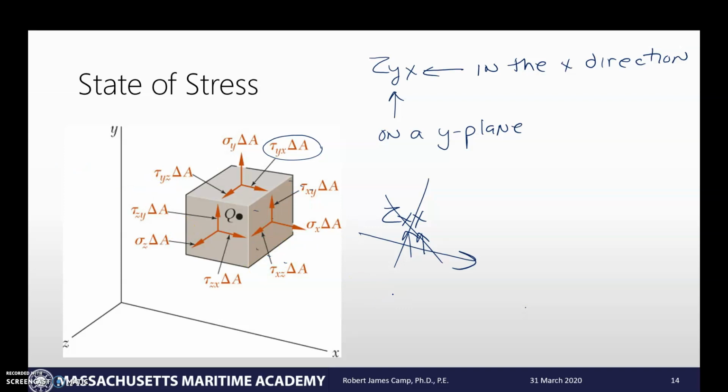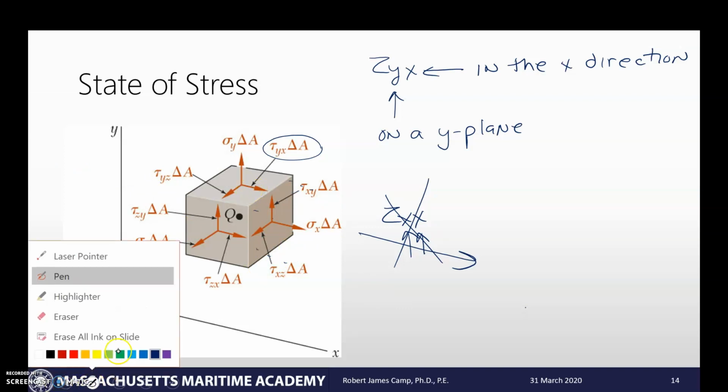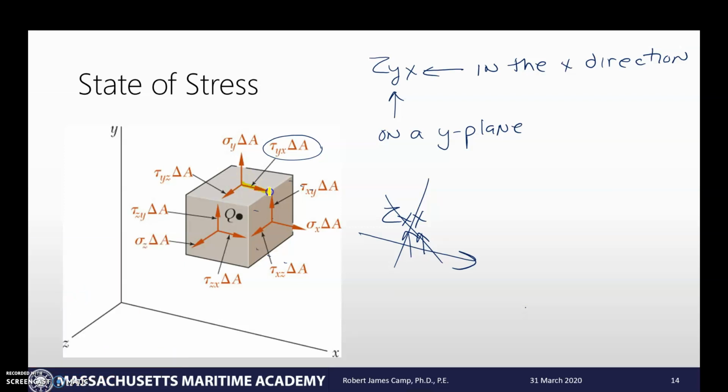Because if we look at it, I have a tau xx, I have the tau yx that's here, but then I also have a tau xy.